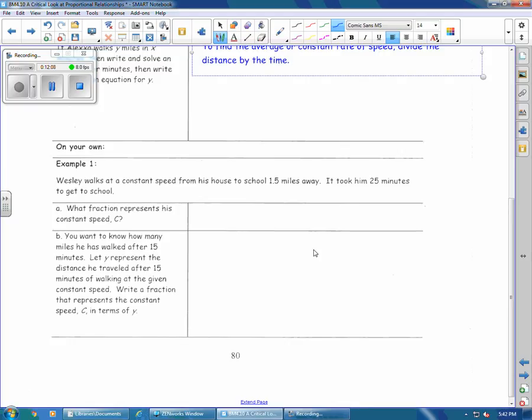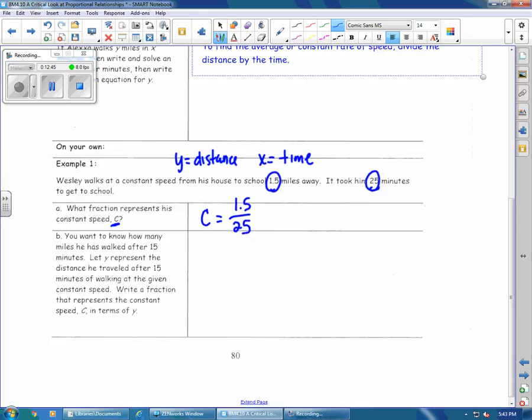So our distance is y, x is our time. 1.5 over 25. So the constant rate, or C as they're calling it here, is 1.5 over 25.